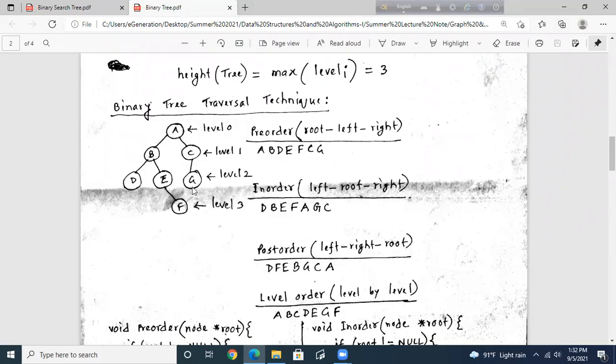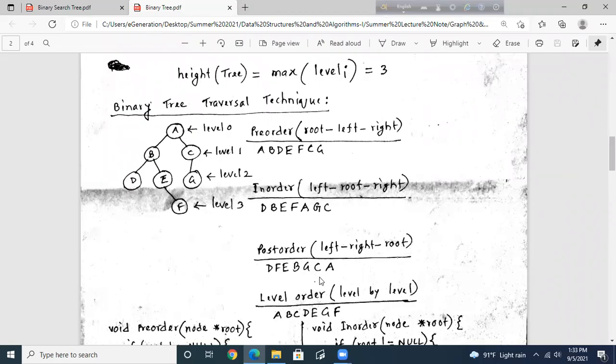So left is G, right is not available. So I do not write the right side because there is no right. So left is G, and right is not available, so I will not write it.